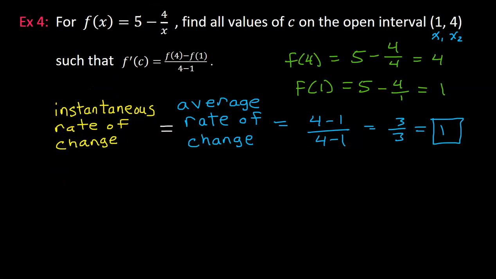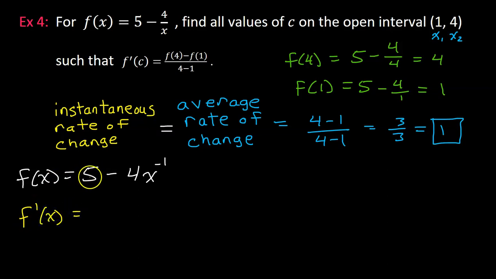So let's remember that f of x could be written this way. f of x is equal to 5 minus 4 times x to the negative 1 power. That's the same thing, right? So now if I want to find the derivative, f prime of x, well, the derivative of a constant is 0, so forget about that.